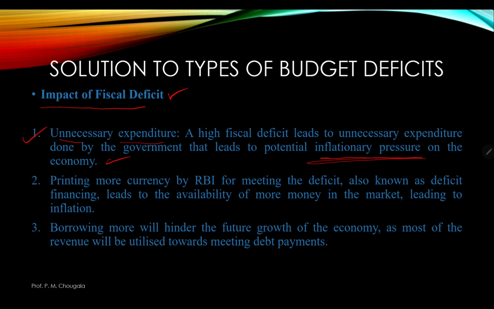Expenditure is needed, and it is to be done as per our requirement, but when it is found to be unnecessary, the velocity of circulation of money increases in the economy. It becomes a cause for inflationary pressure on the economy.